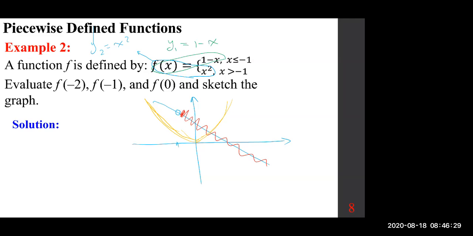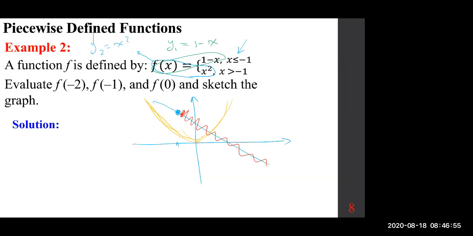However, it says when it's larger than negative 1. And by the way, let me just go back and fix something. Okay. And that is, I see the equality here. So that means this is solid, everybody. So this point is solid because I see the equality.